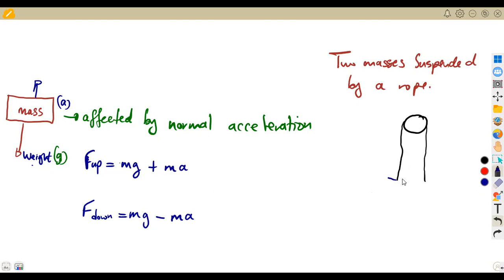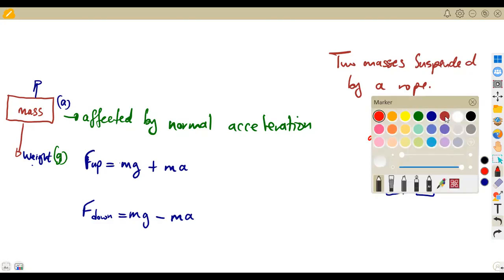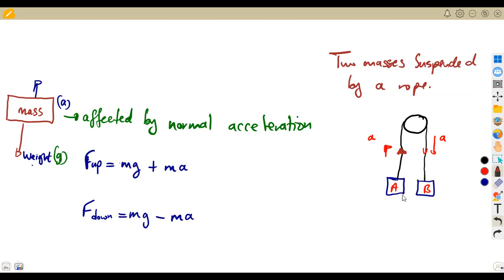The first one is our A, and the second one is our B. These masses can be affected by a certain acceleration depending on the direction in which the object is going, which tells us that if this part is going up, when this object is going up, what does it mean compared to these two objects, A and B, in terms of their mass?